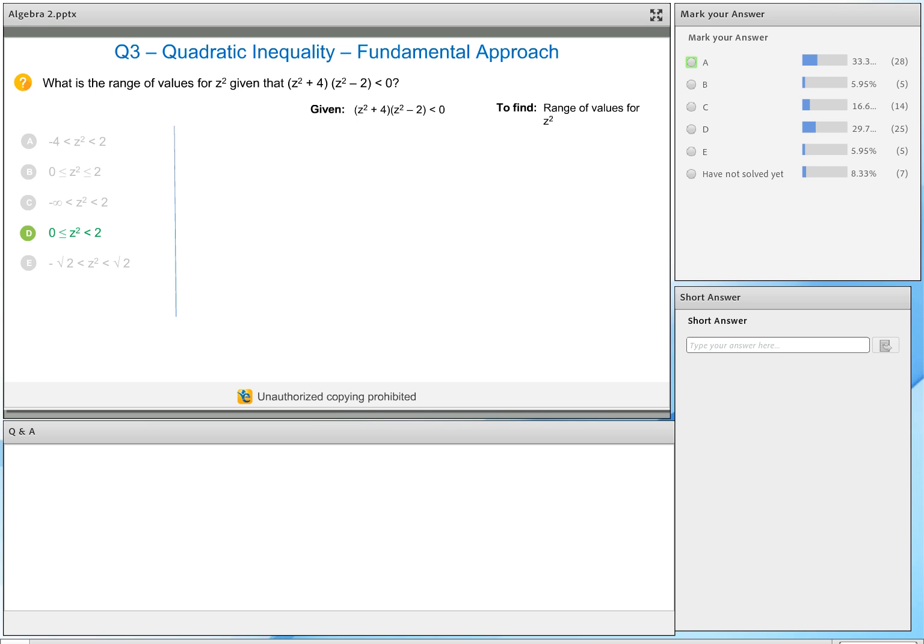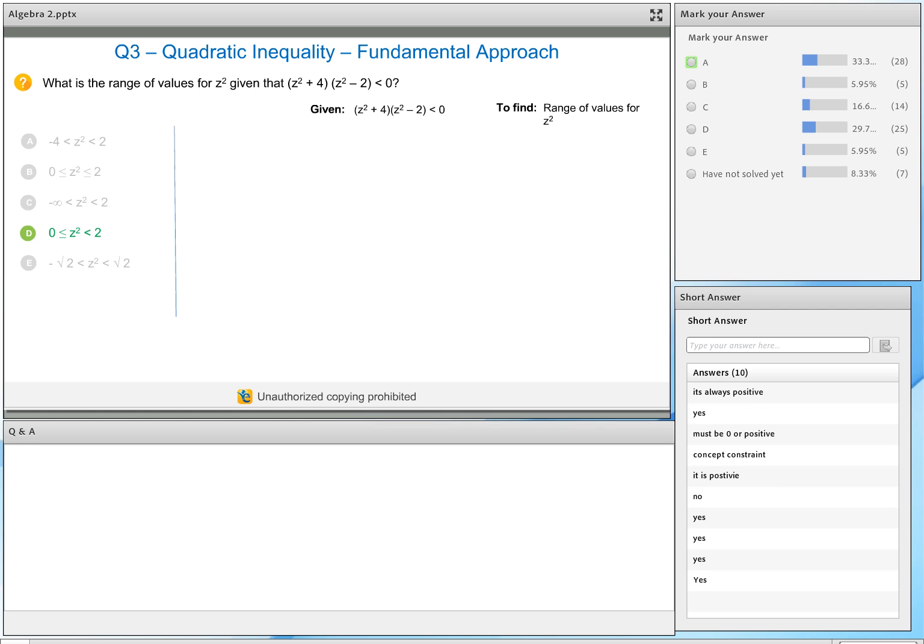The second thing I want to ask you is, is there any constraint on z square? What is it? It's always positive. Absolutely right.